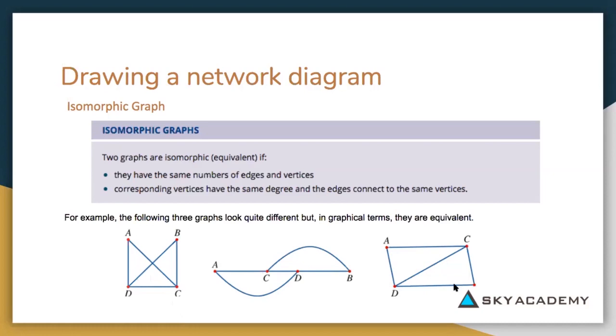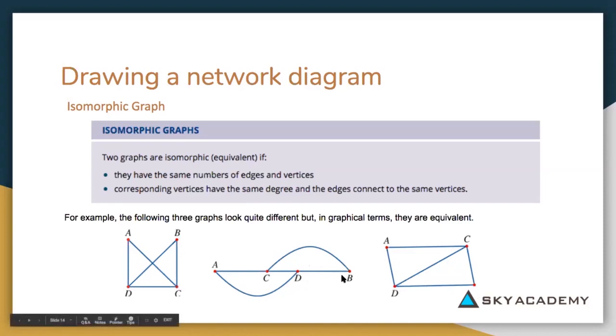We also must consider that each edge is the same. So we have to consider that A and D connect, A and C connect, D and B connect, B and C connect, and C and D connect, in all three graphs.